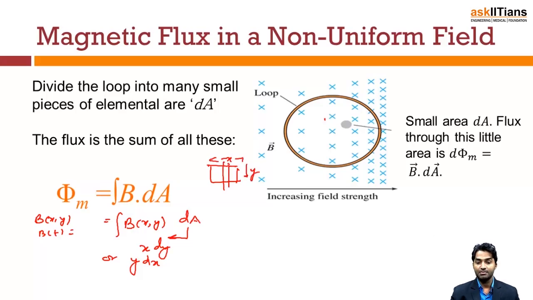If I consider a small segment of length dx, the area dA will be y into dx. Or if we want to consider the length along the vertical direction, along the y-axis, dA is equal to x into dy. The main point is that if the magnetic field is changing with respect to length or breadth or with respect to time t, we need to consider a small area through which magnetic lines of force pass.